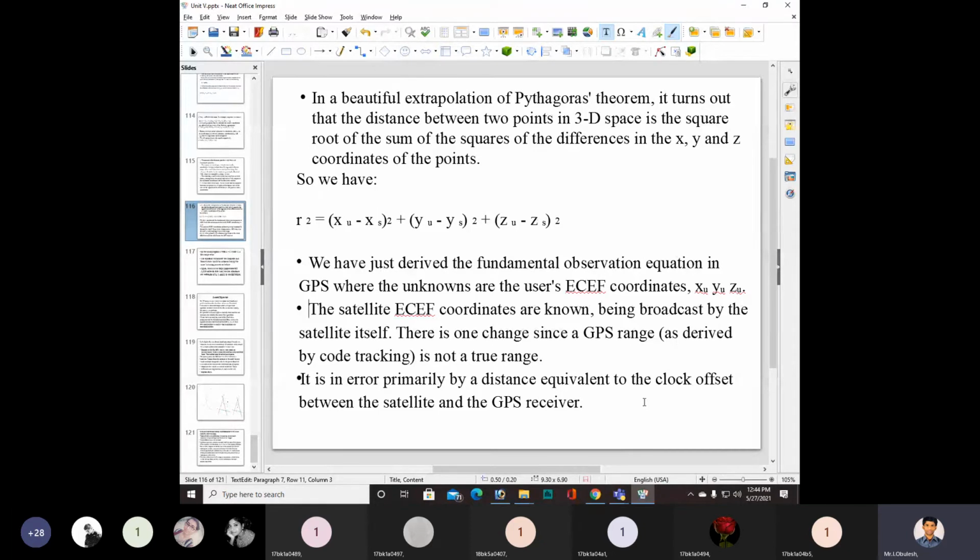It is in error primarily by a distance equivalent to the clock offset between the satellite and the GPS receiver.